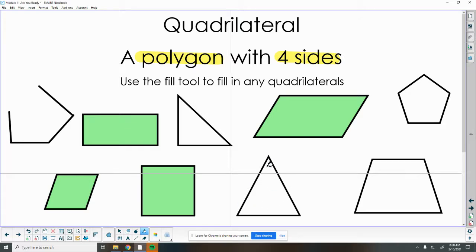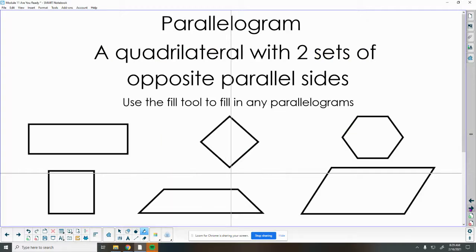This one only has 3 sides, and this one does 1, 2, 3, 4 sides and closed in. So all of these shapes that are highlighted are quadrilaterals. They have 4 sides, they're straight, they're closed in. So we're going to look at these 5 shapes here. These have better names. So yes, these are all quadrilaterals, but we can call them something better.